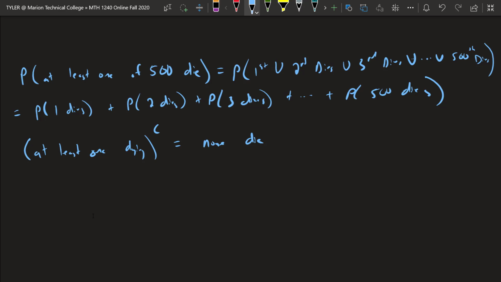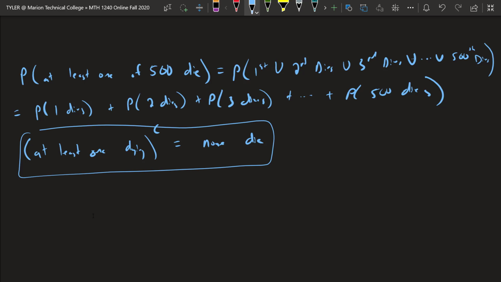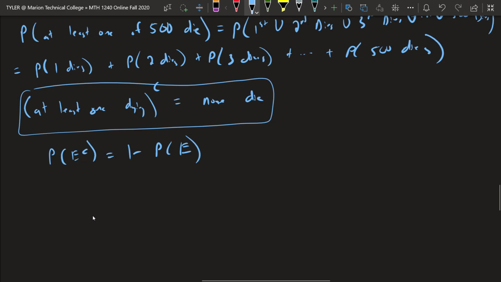Knowing this, and remembering the rule that the probability of E complement is equal to 1 minus the probability of E, we could use this equation to solve this. So the probability of at least one dies would be equal to 1 minus the complement, which would be the probability that none die.